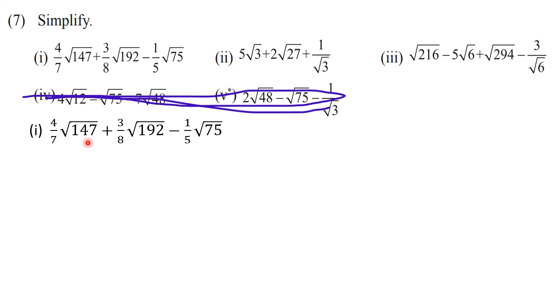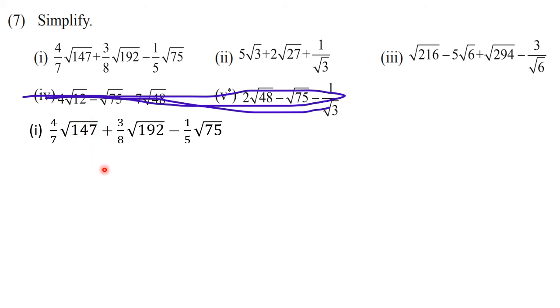Not divisible by 4, so obviously not divisible by 16. Then go further, 25. Not divisible by 25. Not divisible by 36. The next square is 49. So see whether it is divisible by 49. Okay. 49 threes are 147. So we got the factors 49 into 3.